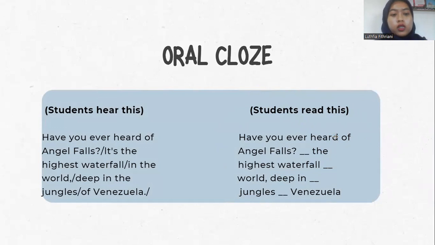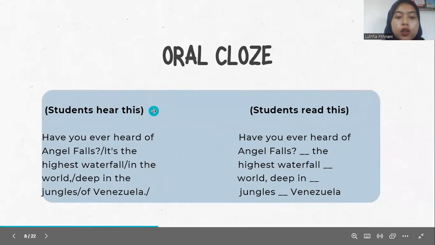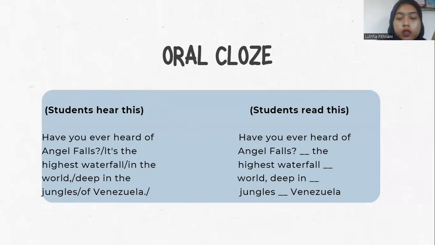For example, as you can see on the screen, this is the transcript of the audio that will be heard by the students, and the students will get the transcript of the audio with some missing words. The task of the students is to fill the missing words with the appropriate words according to the audio.